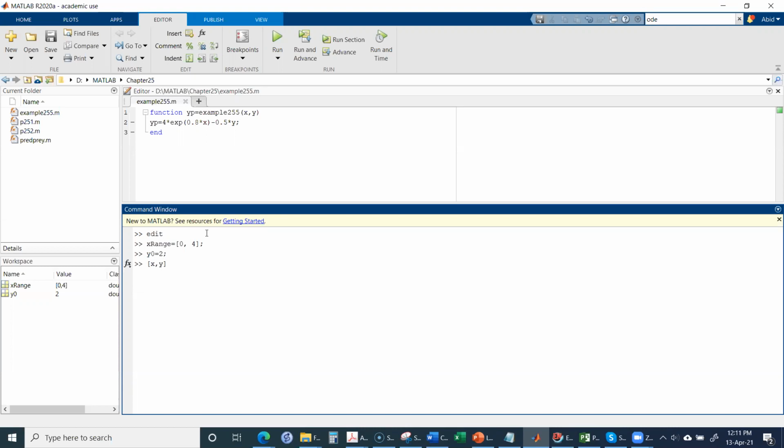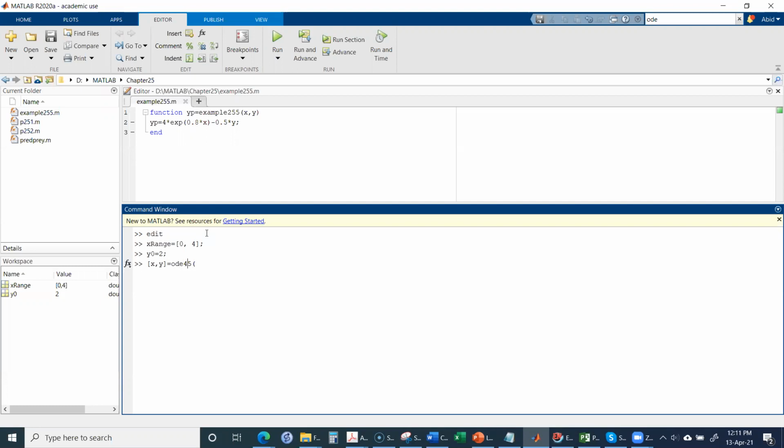This is the output of the ODE function, and here we will use ODE45 in MATLAB, which is a MATLAB function for the numerical solution of ordinary differential equations.